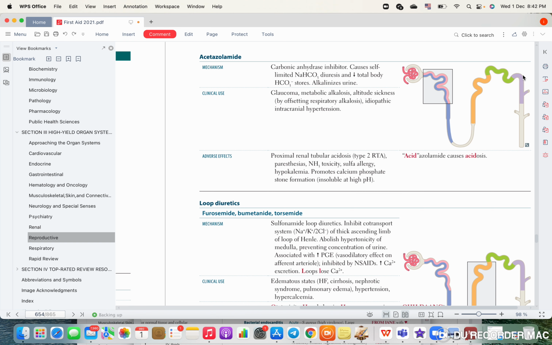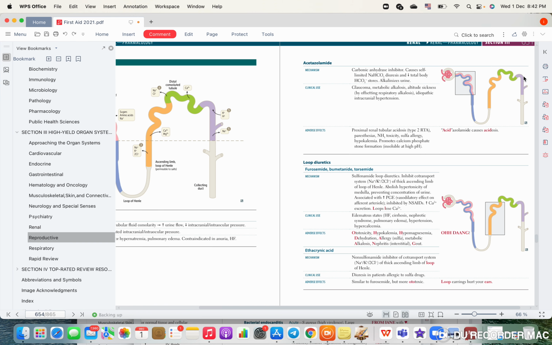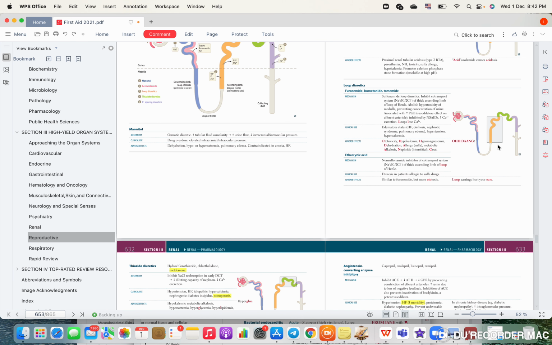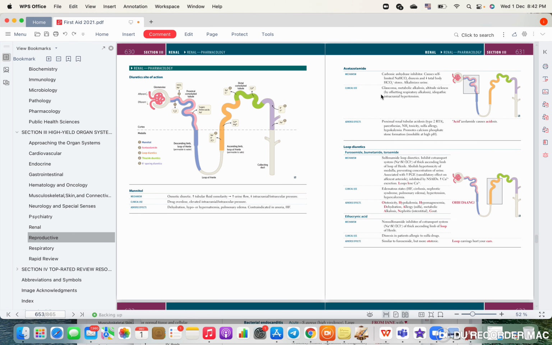PCT. So now I can tell you it can lead to one type of renal tubular acidosis. Which type, since it works on the PCT? Since acetazolamide can function at the PCT, which type of renal tubular acidosis can occur in it?